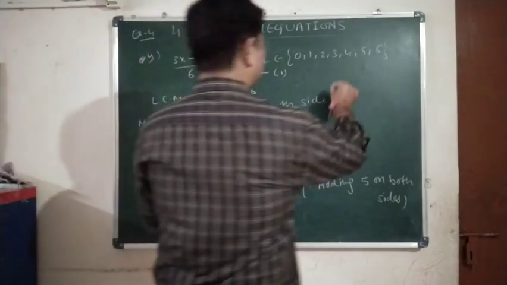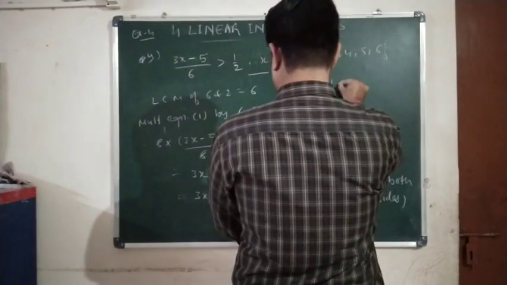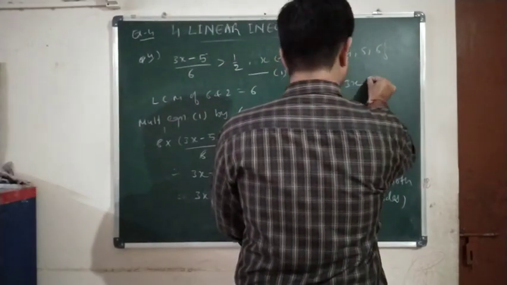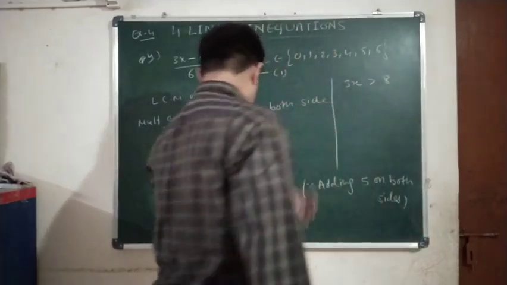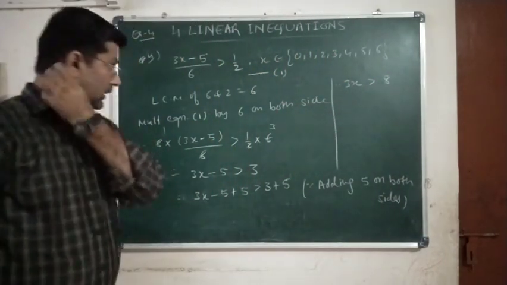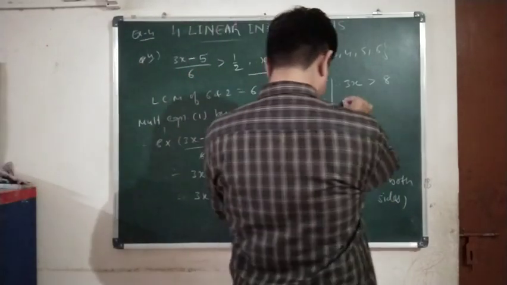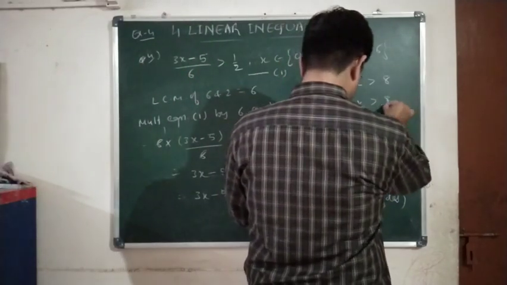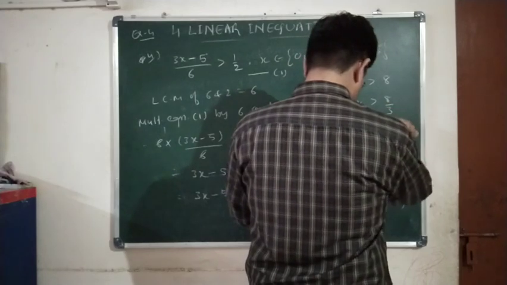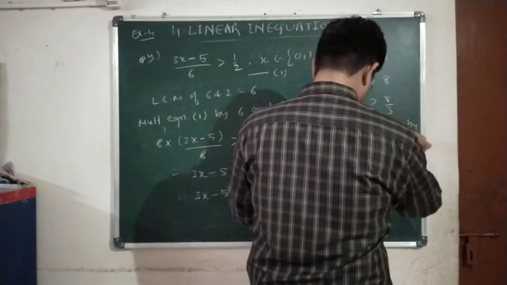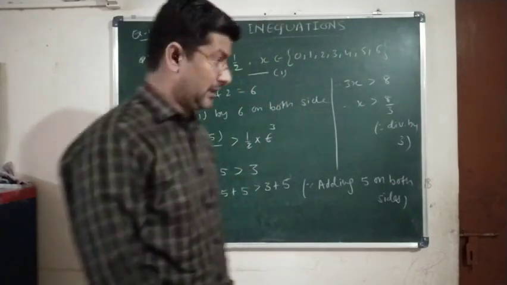Therefore 3x is greater than 8. Now let us remove 3, so we will divide both the sides by 3, and therefore x is greater than 8/3, since dividing by 3 on both the sides.